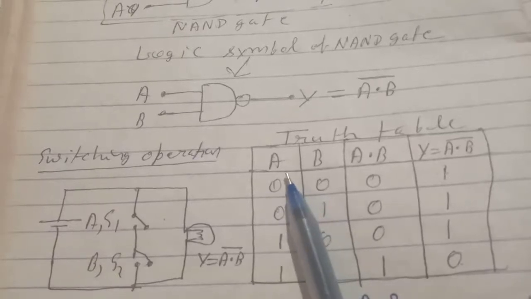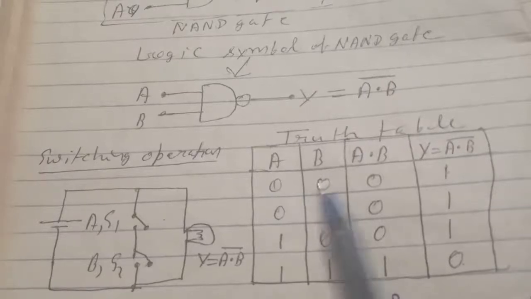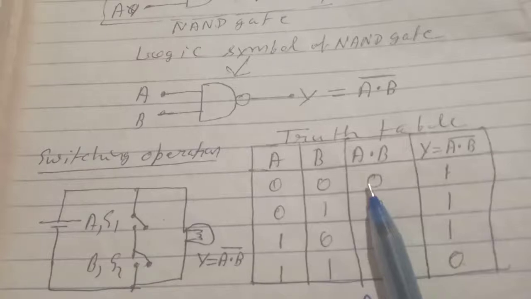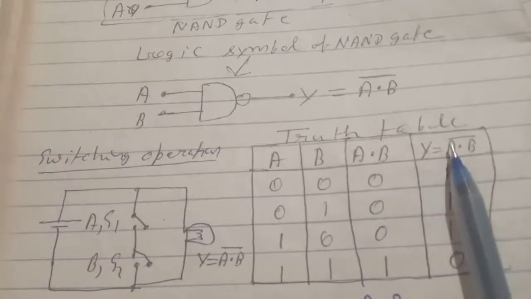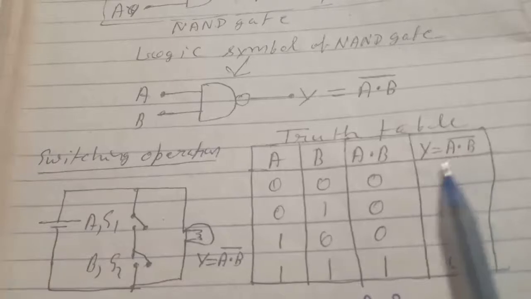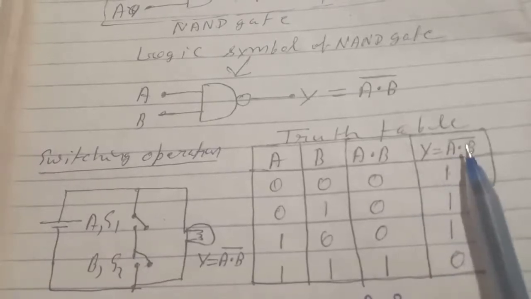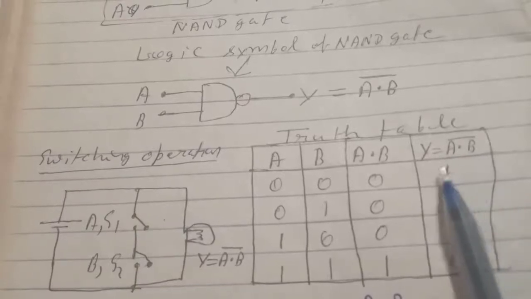So when input A is 0 and input B is 0, then A dot B, that is A and B, equals 0, but for NAND, Y equals A dot B bar will be 1, that is opposite to 0. Bar represents the opposite of A dot B.